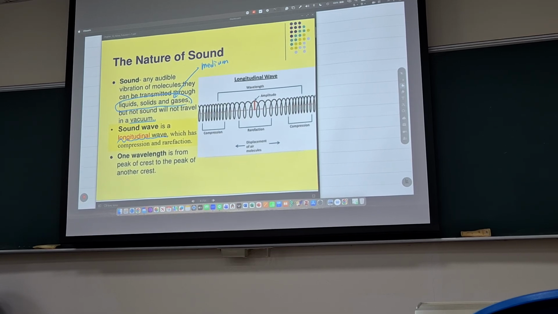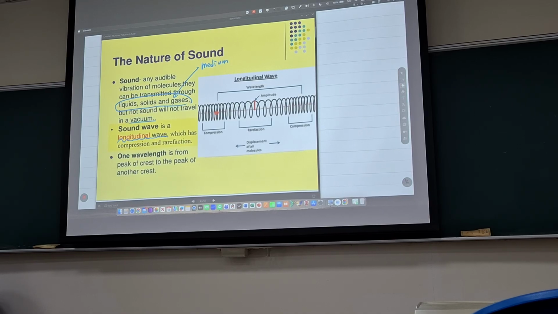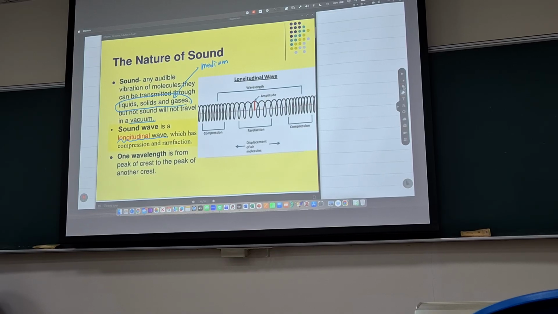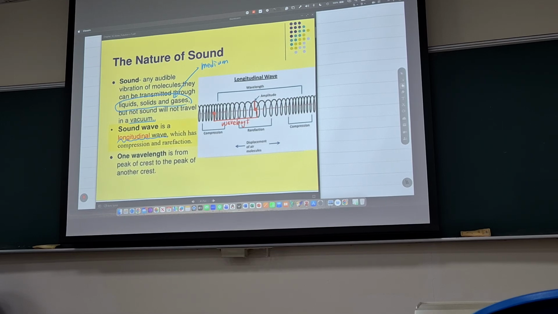You find one spot here, one spot here, and this is in the middle part. The middle parts are rarefactions. So this is the wavelength. The length from this point to this point is the wavelength, and this is the amplitude.